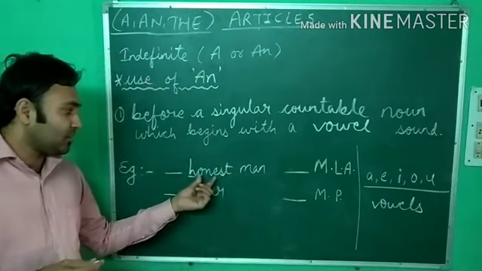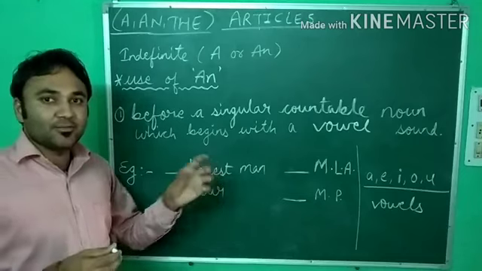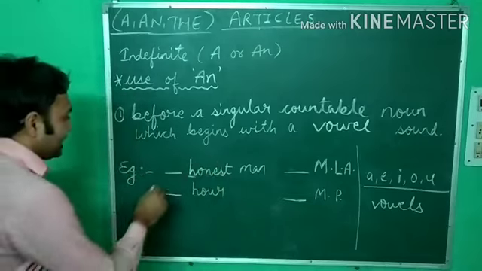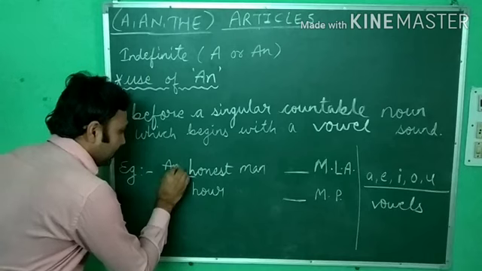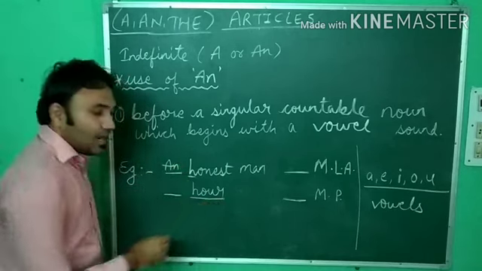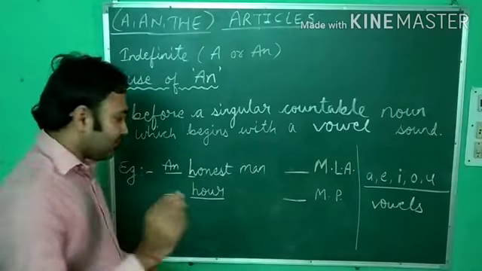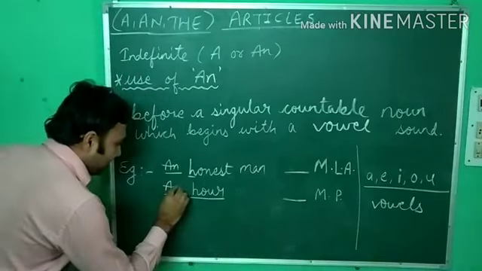Because we are pronouncing it as onest man and O is a vowel sound. Hence, we are writing here an. In the same way, we are pronouncing this word hour, not however. Hence, we will write here article an.